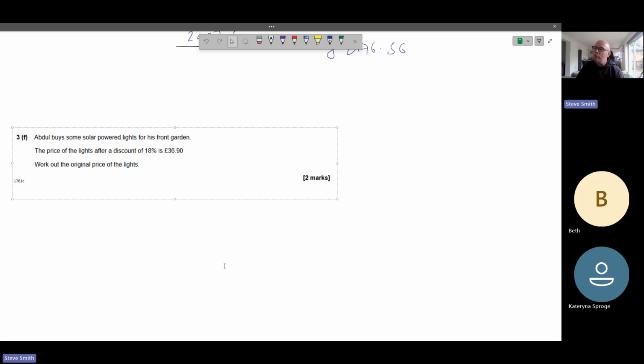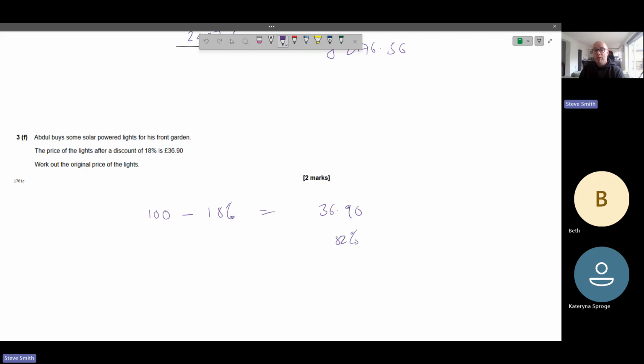Okay. Abdul buys some solar panel lights for his front garden. The price of his lights after the discount is £36.90. Okay, so this is an exact question that we're talking about above. So we're saying that after a discount, 100% minus 18% equals 36.90. Or 100 minus 18 is 82.